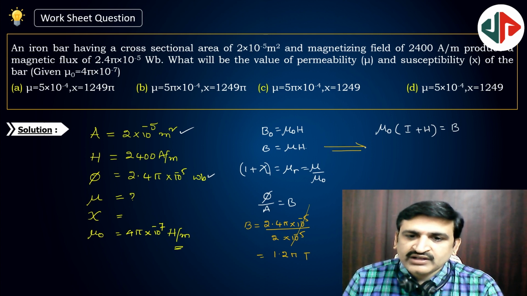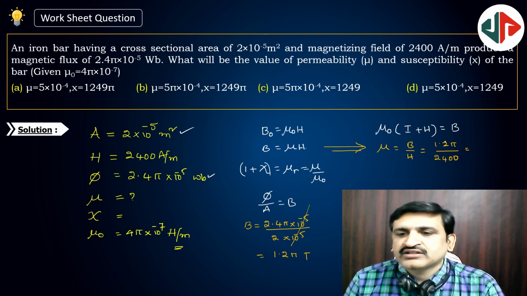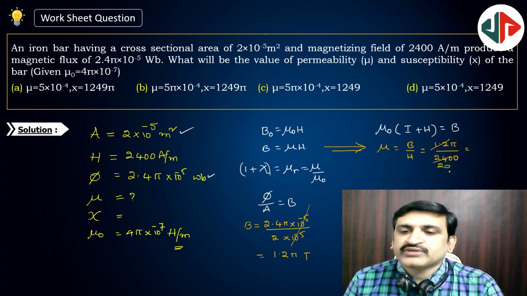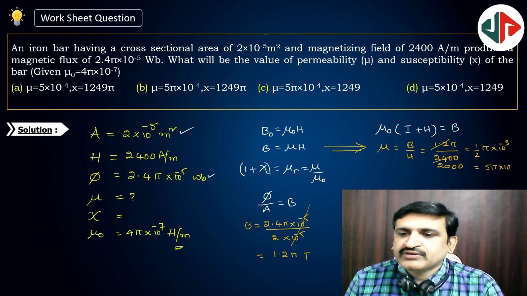And this formula applies: mu is equal to B by H. B is 1.2 pi, H is 2400. 12 will go in 24 twenty times, because it is 1.2, and 2 zeros. So it is 1 by 2 pi into 10 to the power of minus 3. So that is 5 pi into 10 to the power of minus 4.